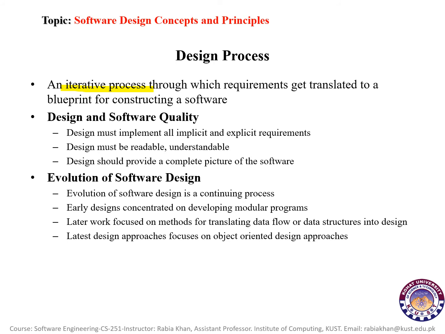As design iteration occurs, subsequent refinement leads to design representation at much lower level of abstraction. That means at high level of abstraction we would find just the major functions. But the more iteration goes on within the design activity, the more low level details of those functions are then highlighted.